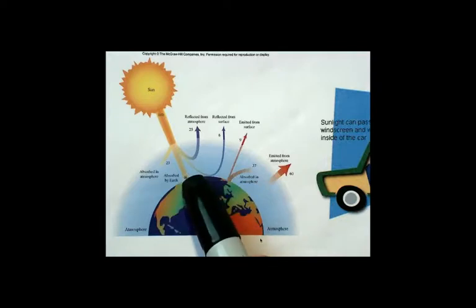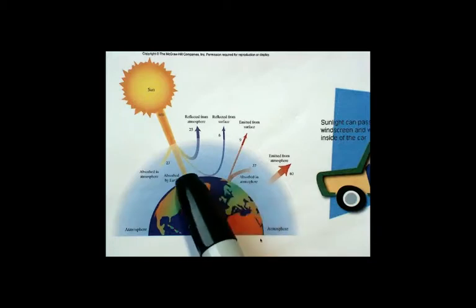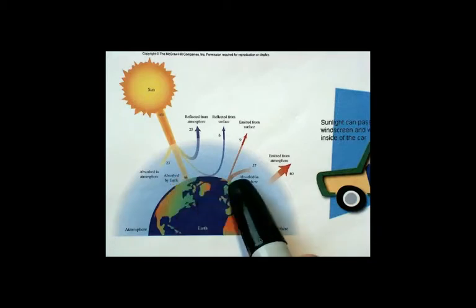The visible that is absorbed then, some of it will be re-emitted as infrared radiation. And so this is what we see over here, is some of the energy that was absorbed by the earth, the continents and the oceans and whatnot, is then emitted at longer wavelengths, lower energy.